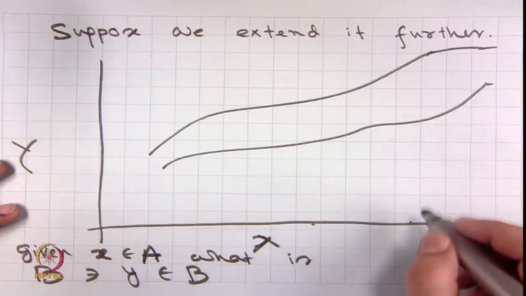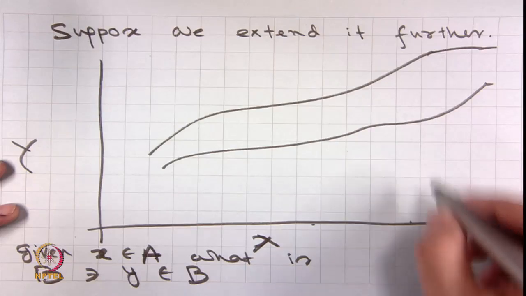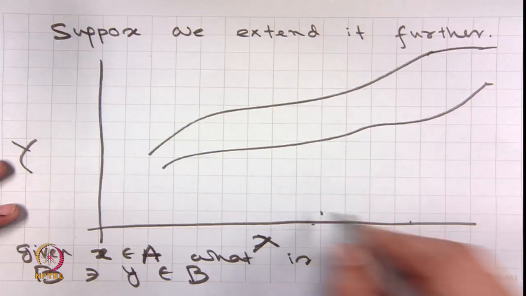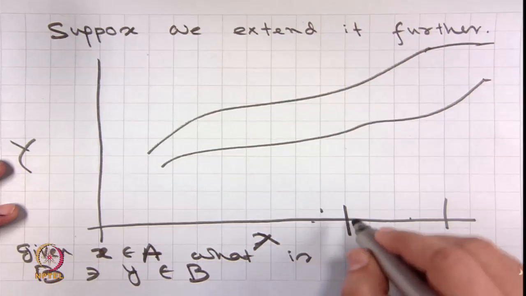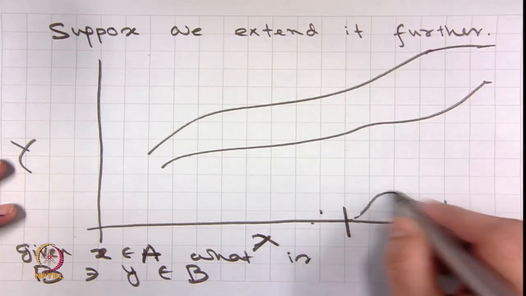Now, we make a further generalization. Suppose this A is a fuzzy set and it has a membership value, say something like this.